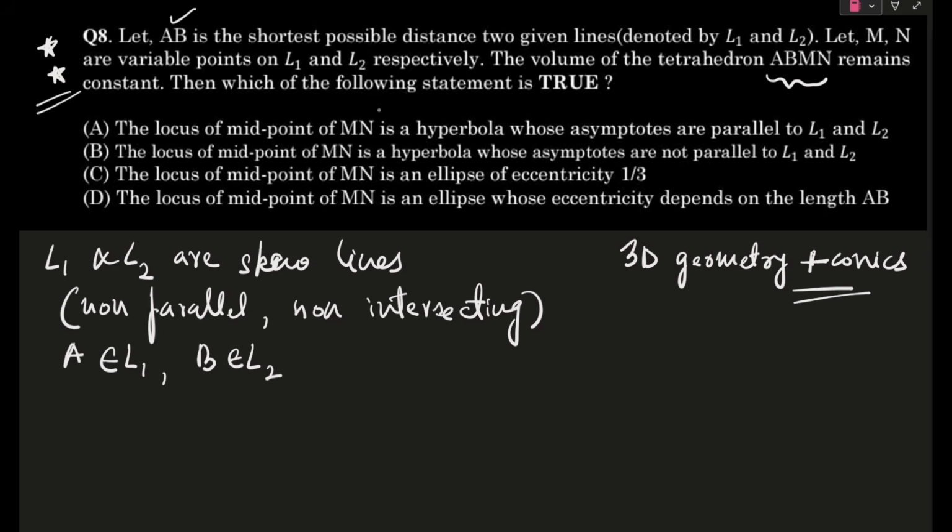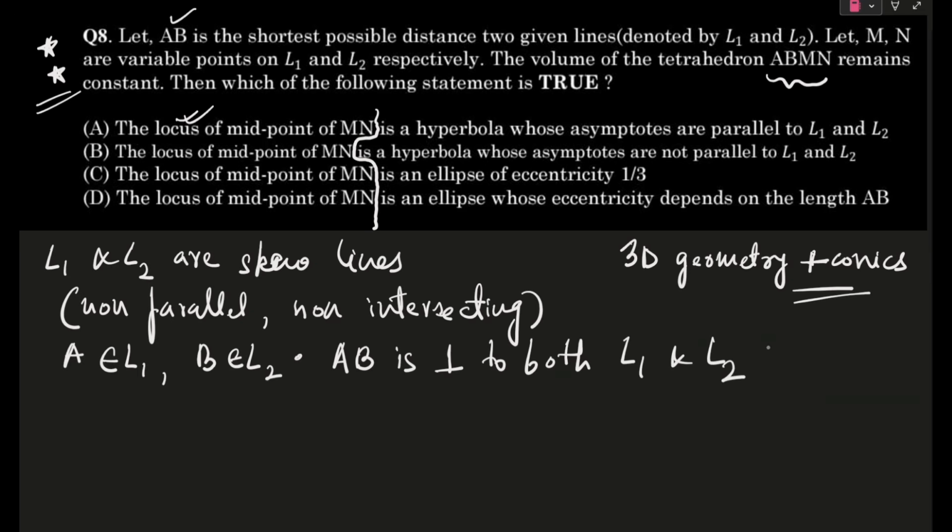Now the question, if you bifurcate it from this part, you will see your question is the locus of the midpoint of MN, and some information related to it. It's a long way still, but we have to do it. First thing, I will analyze the question step by step and very slowly. From this, AB is perpendicular to both L1 and L2.